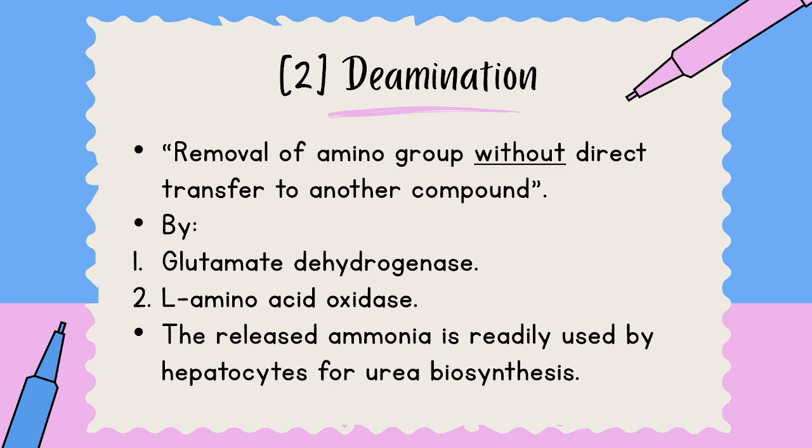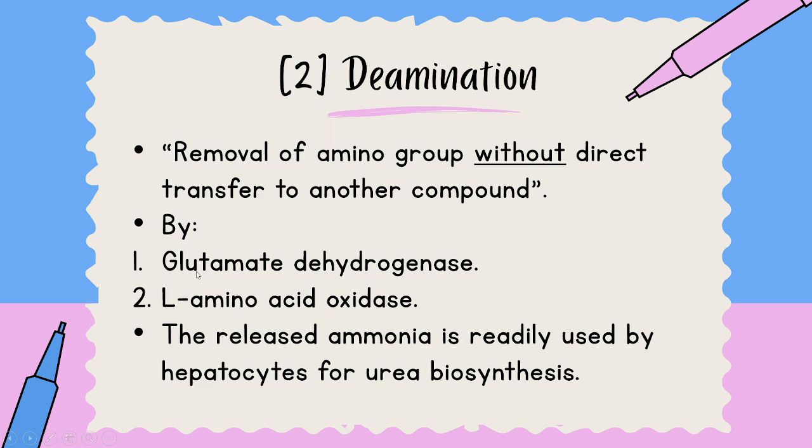In transamination, we remove the amino group from the amino acid and the transaminase enzyme will give it to another compound, which is an alpha keto acid, so it will not be free. While in deamination, the amino group is removed as free ammonia without being transferred to another compound.